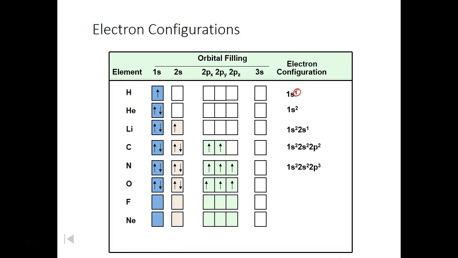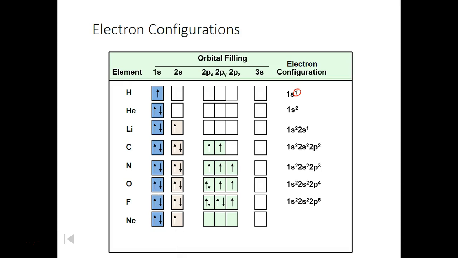We have to fill those up first, and then we go and fill our last one. And we write that as 1s2, 2s2, 2p4. Fluorine's got 9. We go 1, 2, 3, 4, 5, 6, 7. Then we go back and pair 8, 9. It's going to be 1s2, 2s2, 2p5.